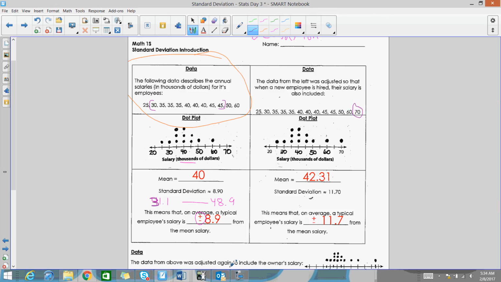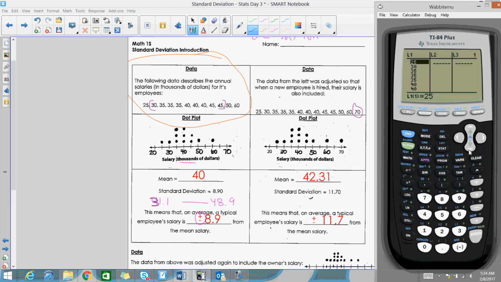Now notice that new person's salary is really big. It's a lot bigger than everyone else's. So we're just going to go back to our table. We're not going to clear anything out because I'm just trying to show you something. And we're going to fill in this new person's salary, right here, of 70.